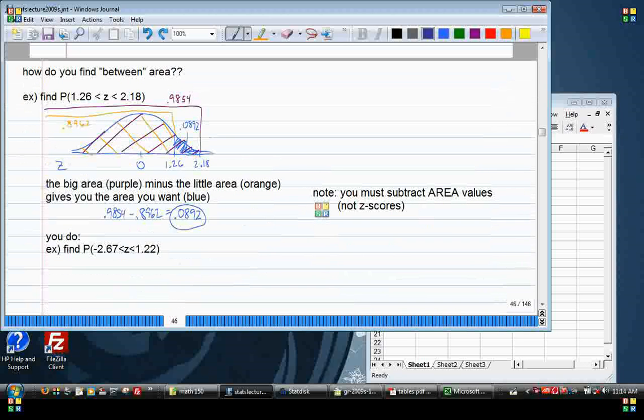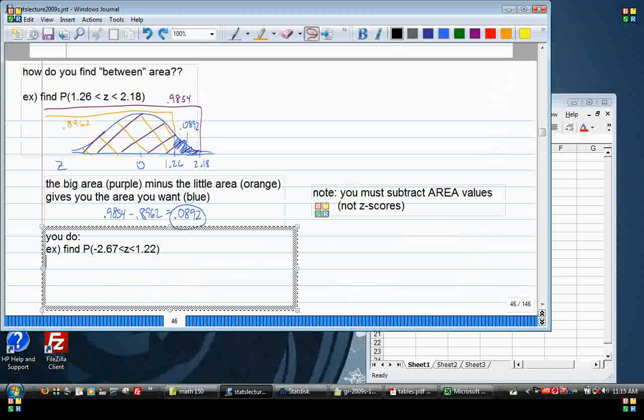Alright, so use your handy computer and do this problem. We're going to work through it together, and you'll have it next time. Everyone will have a computer, and you'll be able to work through some of these on your own. So what's the first thing we do? Draw the picture.